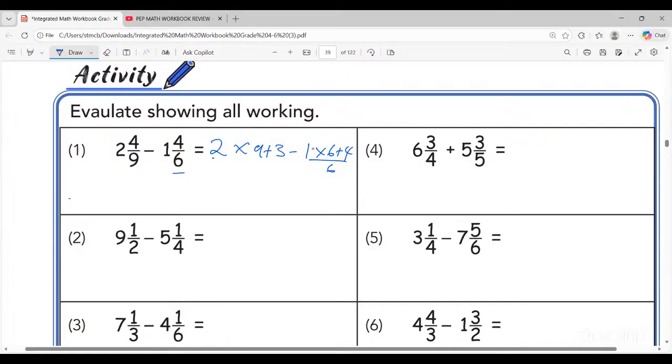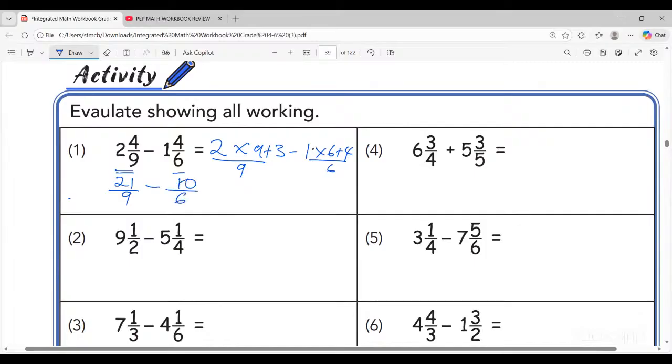So this is how we convert from mixed numbers to improper. So 2 times 9 is 18 plus 3, 21 over 9. And of course, 1 times 6 is 6 plus 4, 10 over 6.